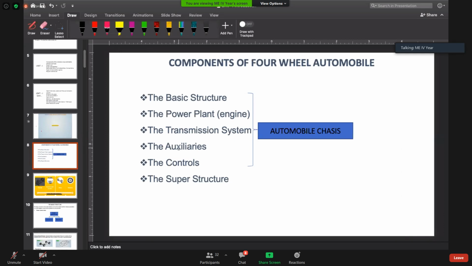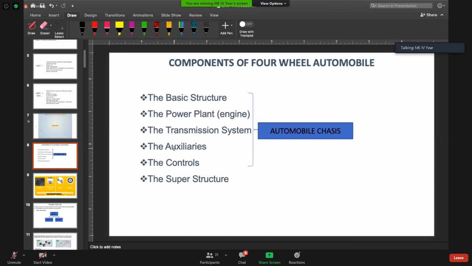Then coming to the auxiliaries. What are auxiliaries? Can anyone tell me? The power, torque, is transmitted to the live axle, meaning the rear axle, that is your transmission system. Auxiliaries you can consider as headlights, turning lights, wipers, seats.